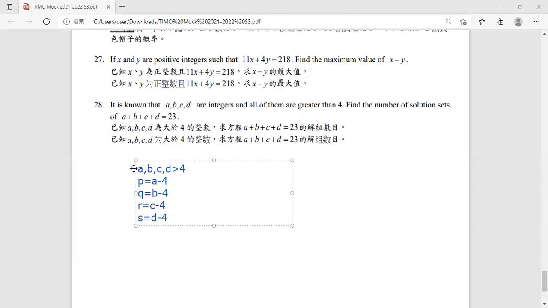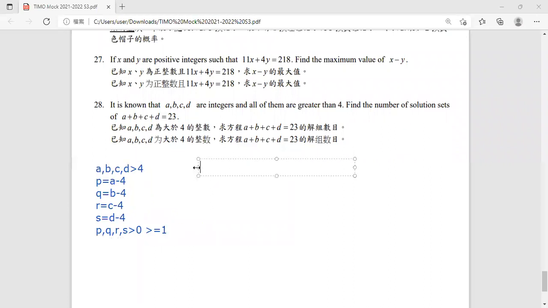Then P, Q, R, and S will be greater than 0, which means greater than or equal to 1. Now I can start. P plus Q plus R plus S will be equal to 23 minus 16, which equals 7.